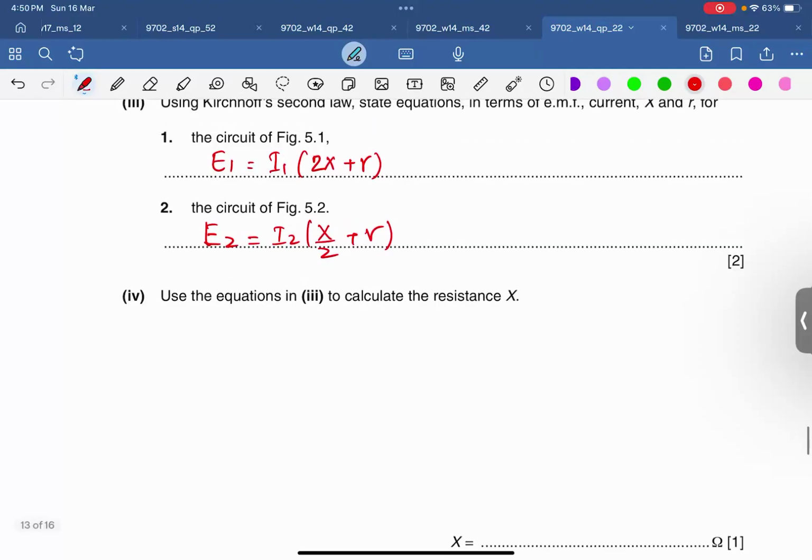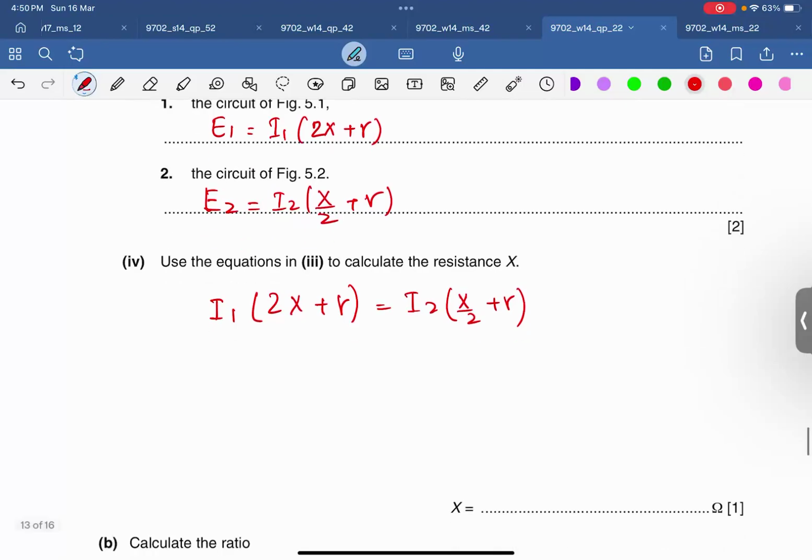No, just use both of the equations to get the value. If I substitute E1 and E2, because both are same, I'll get I1 times 2x plus R equals I2 times x over 2 plus R. This is the case.